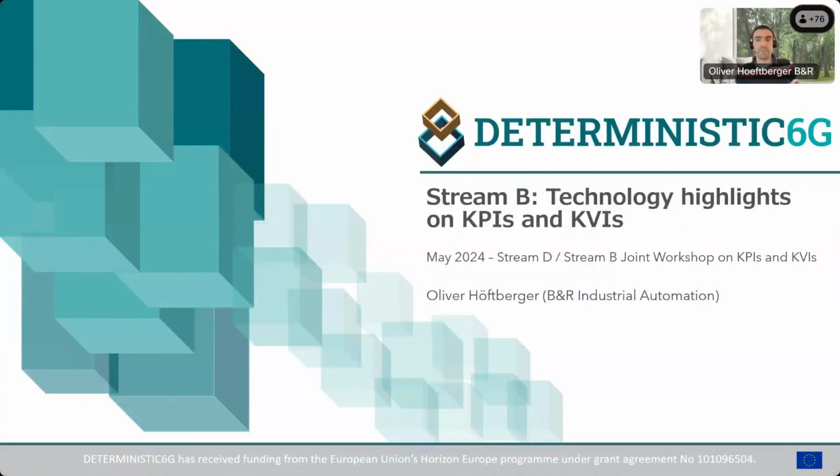Great. Hi again, I'm Oliver Hoeftberger from P&R industrial automation. We are mainly representing the use case side in the deterministic 6G project, which I'm going to present some insights on in the next couple of minutes.